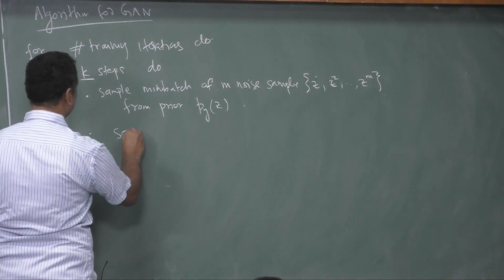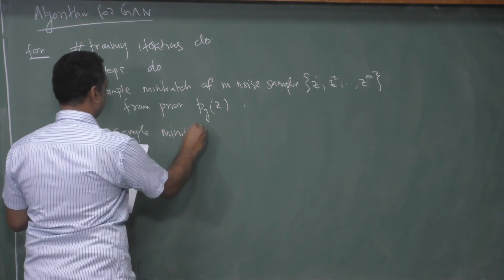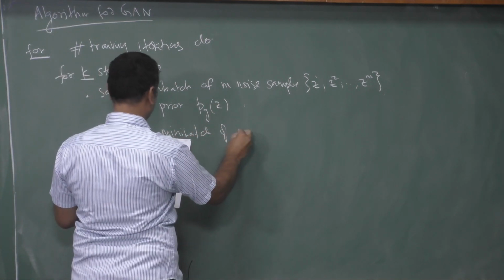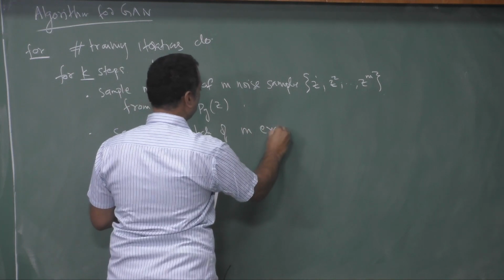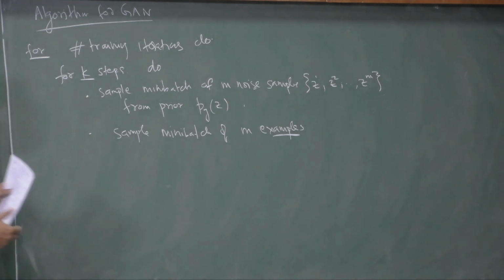Sample a mini batch of m examples. Here by examples, it means something from your training data. In your training data, it could be, let us say, a set of cat images.